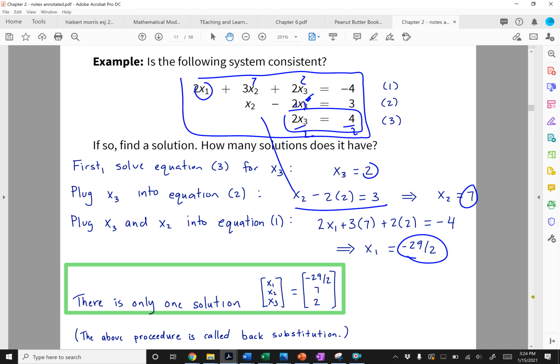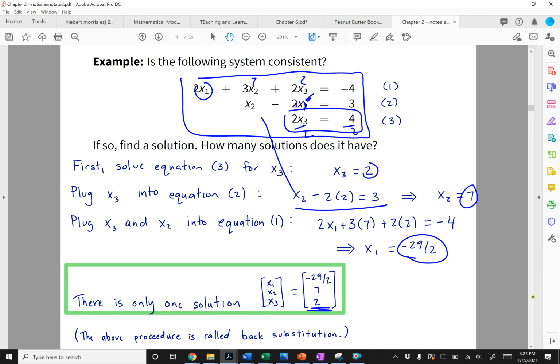So that's x1. So the solution is x1 equals that, x2 equals that, x3 equals that, or in vector notation, we write it this way. So that's the coordinate, the coordinate that satisfies all three of those equations.